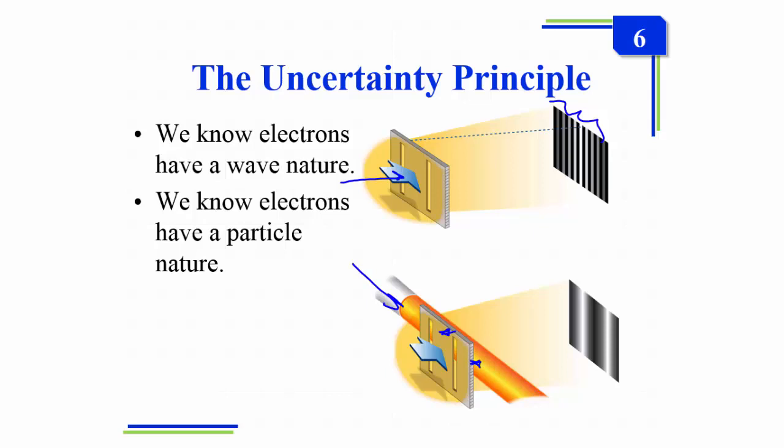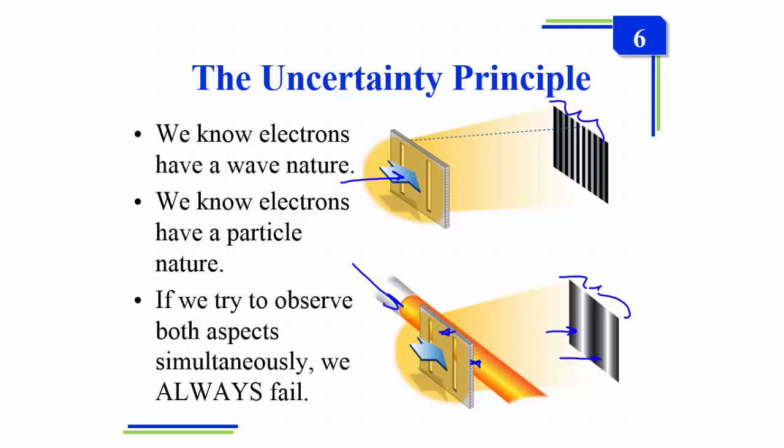But as soon as we see that flashing and see those electrons as particles, we no longer see that diffraction pattern. Instead, we just see it lighting up in the two places across from the slit. So we only see that particle nature at that point. If we try to observe both aspects, the wave nature and the particle nature, simultaneously, we always fail.